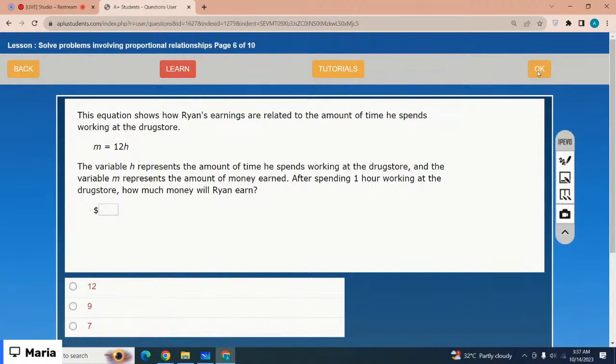After spending 1 hour working at the drugstore, how much money will Ryan earn? Which is the correct option? The correct option is, after working 1 hour, the money he earned is $12. The correct option is $12.